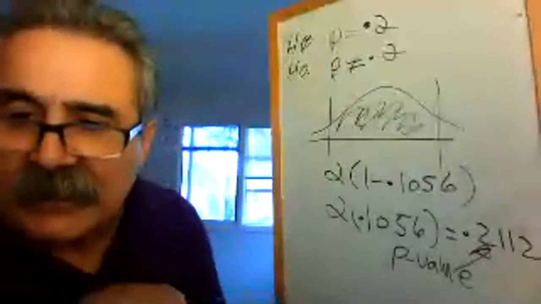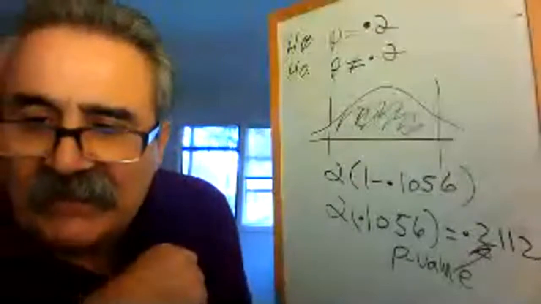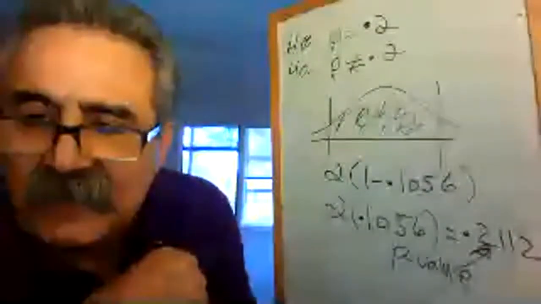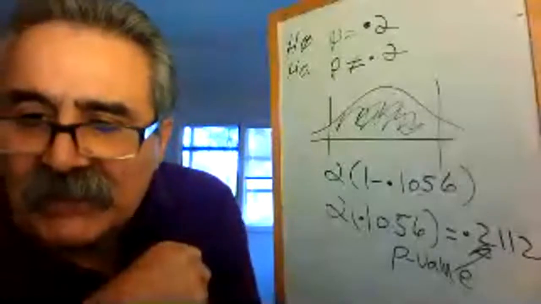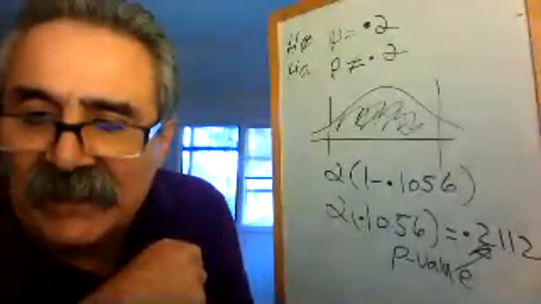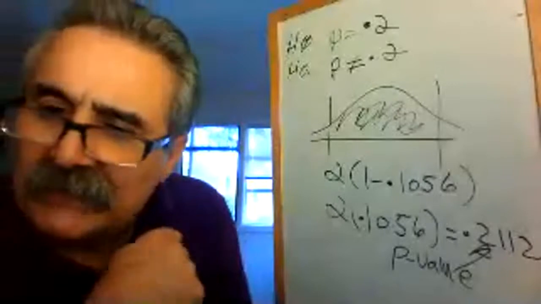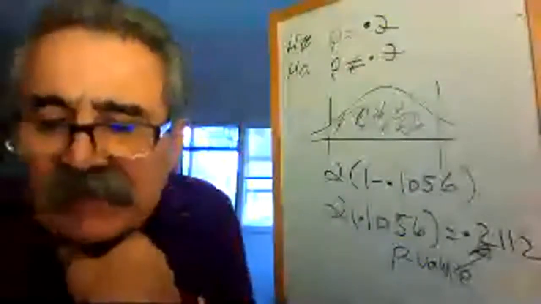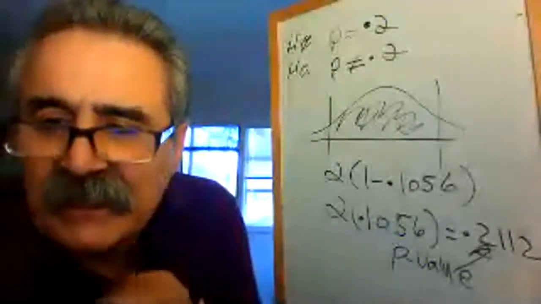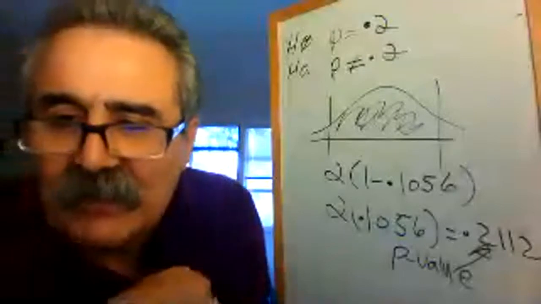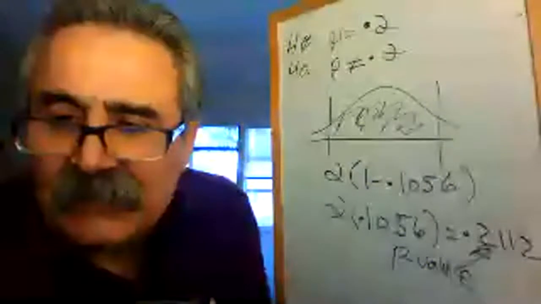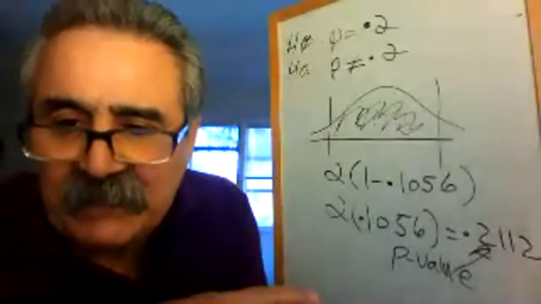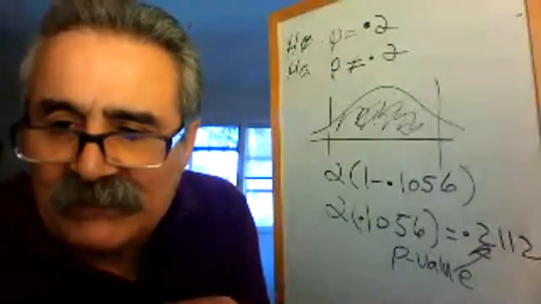Jenny, when you are comparing the p-value to the alpha, you would use 2 times 0.1056, which is 0.2112.